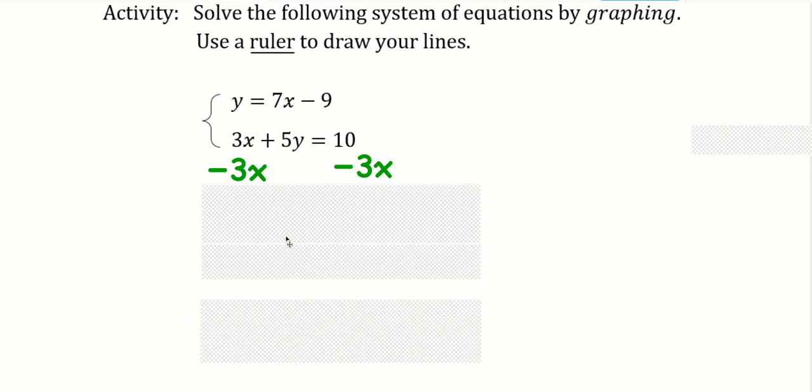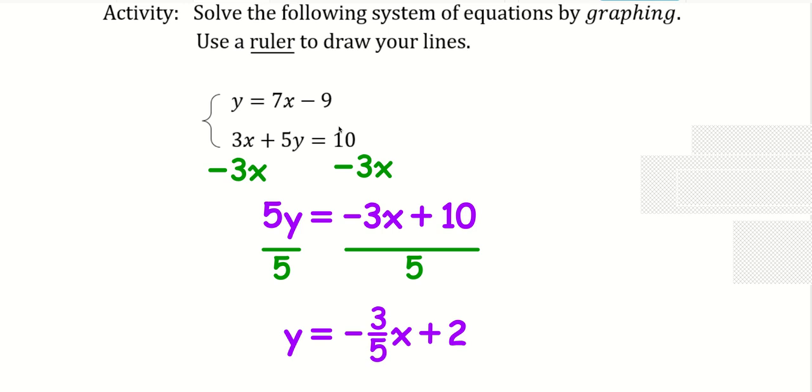Well, if you did this activity correctly, this one's good to go for graphing. That's ready to be graphed. It's in mx plus b form. But this one, I did all this work here to put it into slope-intercept form. And so now I'm going to graph this one, and then look what happens.